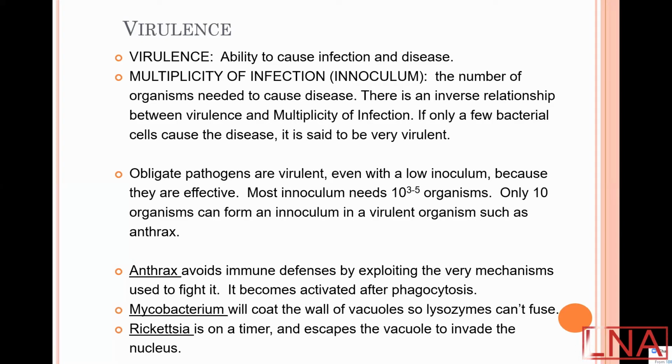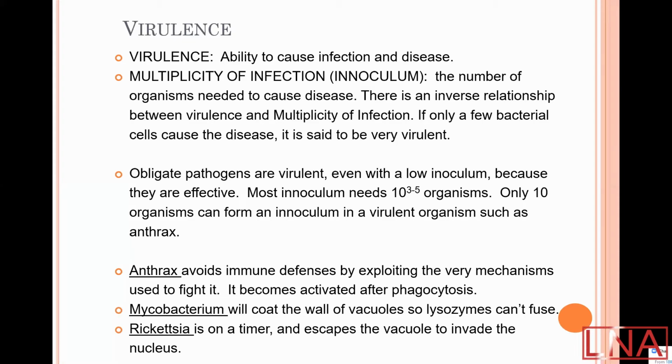Anthrax avoids immune defense by exploiting the very mechanisms used to fight it. It becomes activated after phagocytosis. So anthrax spores penetrate the human body and do nothing. Then phagocytes eat the spores, and at the same time the spores become active.